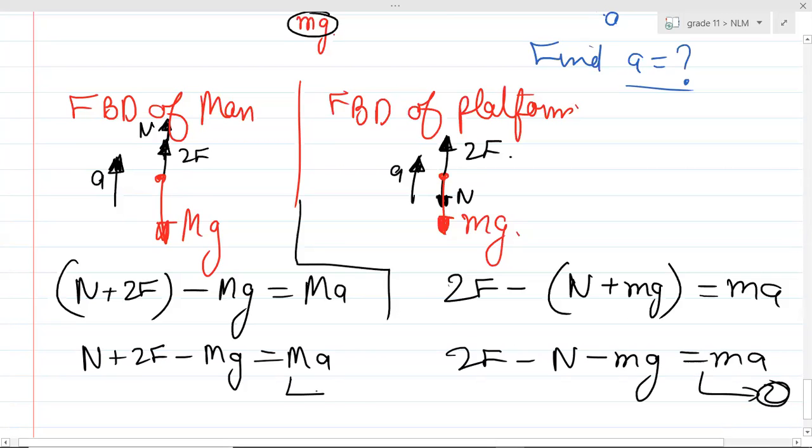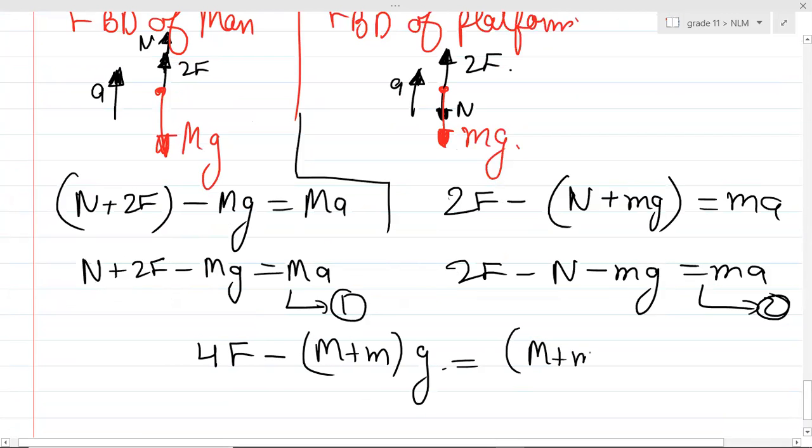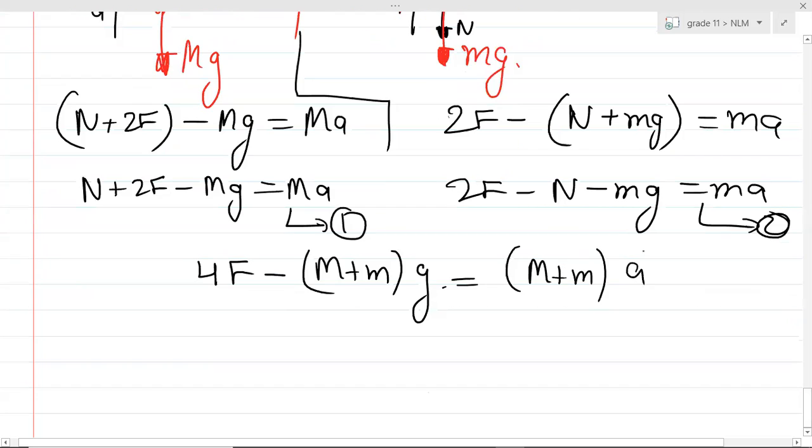Add this equation and this equation together. So what will you get? N and N will get cancelled out. 2F will become 4F. So the answer is 4F minus g bracket M plus m bracket, divided by M plus m. So if I divide it by M plus m, it becomes this.